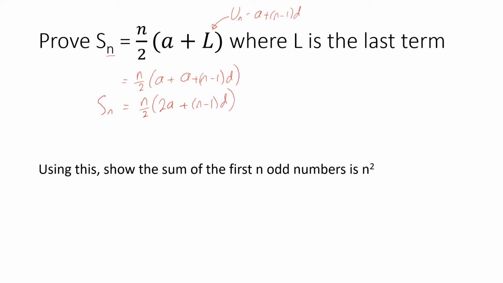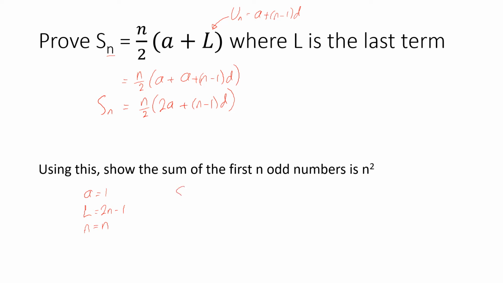Now, sometimes this version is easier, sometimes the other version is easier, up to you to choose which is more useful, but I'm going to use this a plus l one for this second example here. Use this to show the sum of the first n odd numbers is n squared. So the first odd number is 1, the nth odd number, so the last term, is 2n minus 1, and our value of n, because we're just looking at n odd numbers, is n.